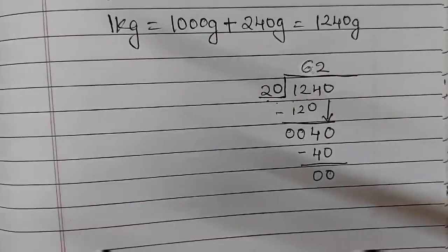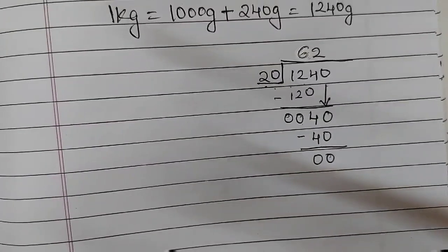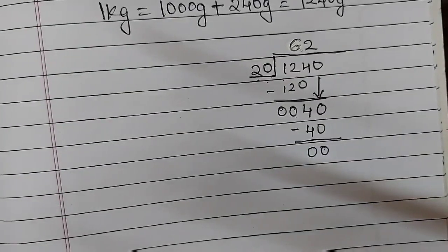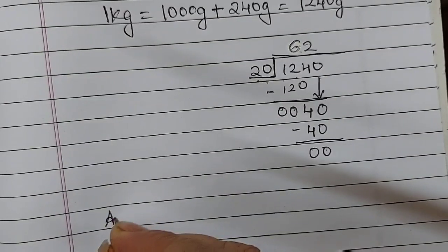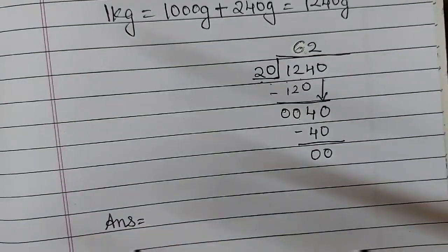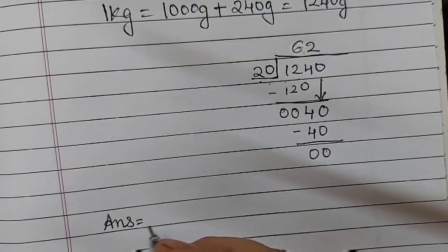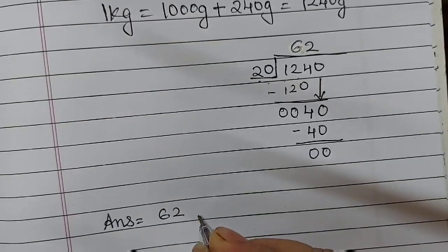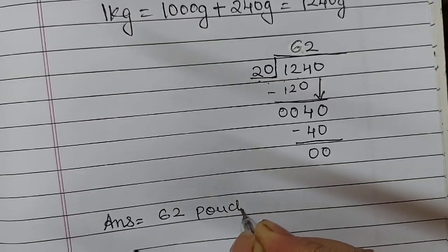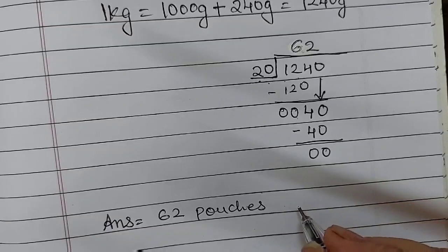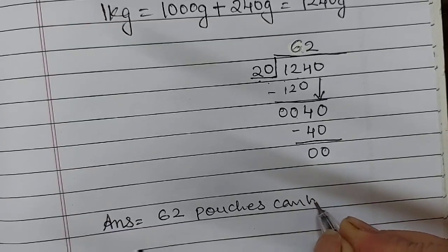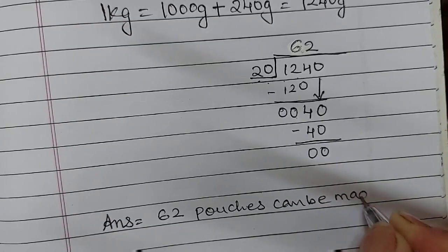Now you got the quotient as 62. Now what does this quotient mean? The quotient here means the number of pouches. So we can say 62 pouches can be made.